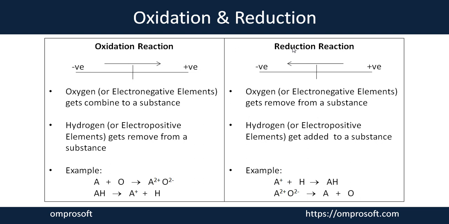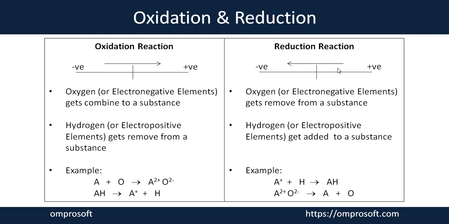Now we'll go to the reduction reaction. Reduction means that some element gets reduced. It means it gains electrons. While any substance during a reaction is allowed to gain electrons, it moves towards the negative direction, meaning the charge on that substance automatically moves towards the negative direction.